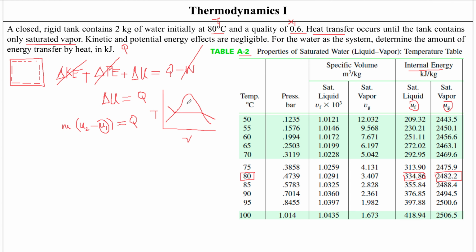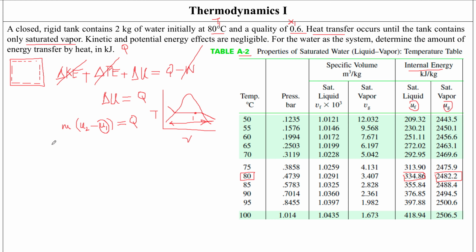Once quality is mentioned, then that means you are within this region, within the dome, okay, here. And that means, let's pick a random spot. Let's say this is your state 1. Okay, this is your state 1.